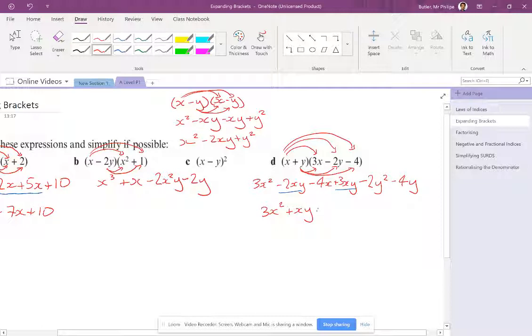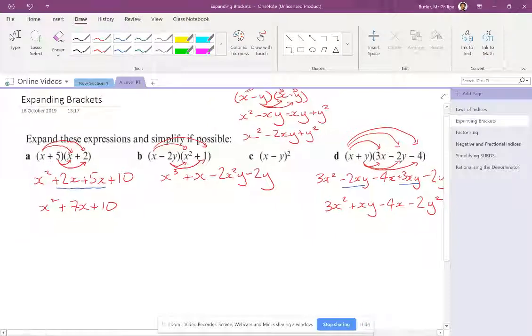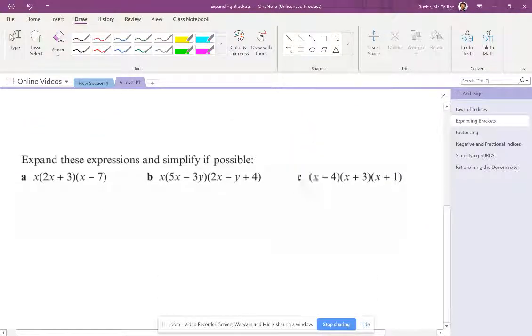Then we're going to have our minus 4x minus 2y squared, pardon me, minus 4y. That is fully expanded.